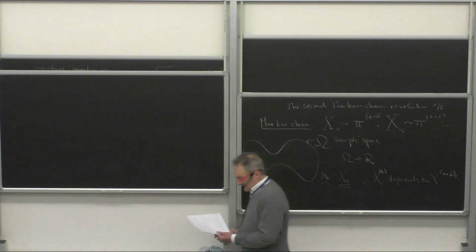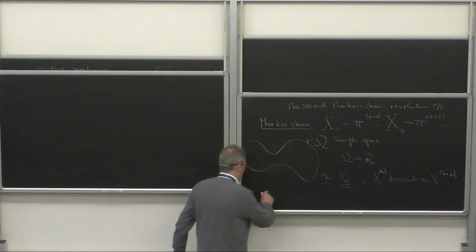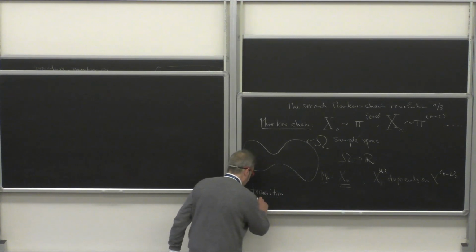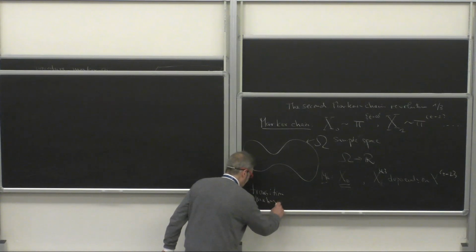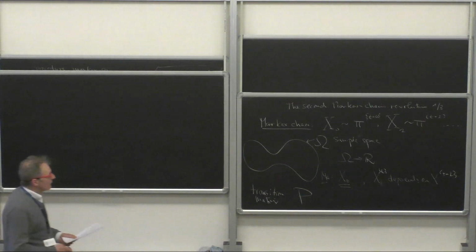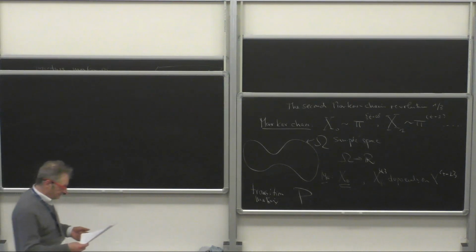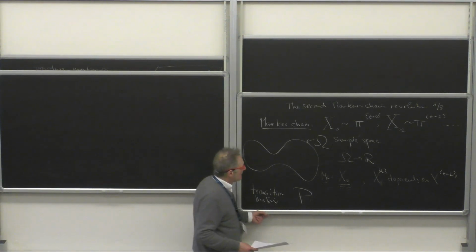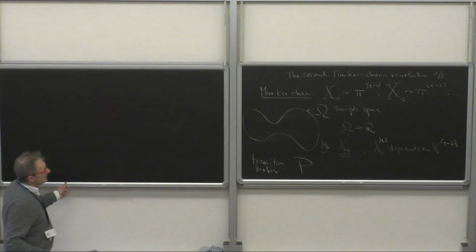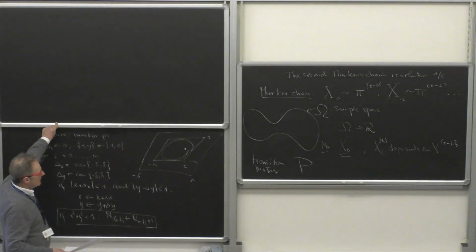So there is something which we call a transition matrix P that governs how we move from xt to xt plus 1. So that is all that we can say in the example.